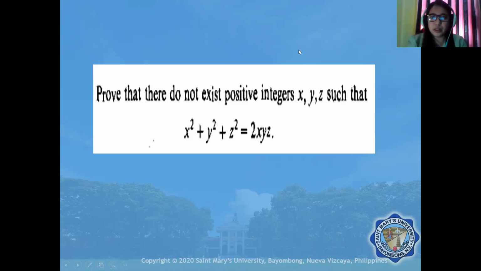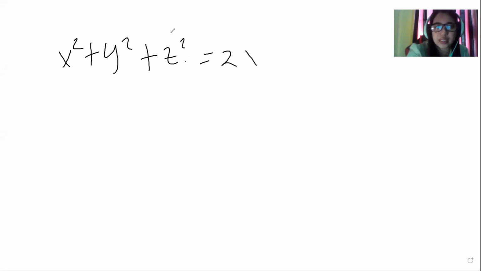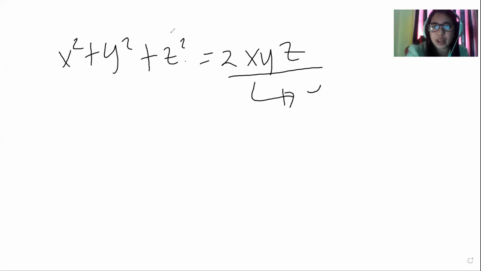As mentioned, we have x squared plus y squared plus z squared is equal to 2xyz. We will simply modify this by saying that the result of the sum of x squared, y squared, and z squared is an even integer.